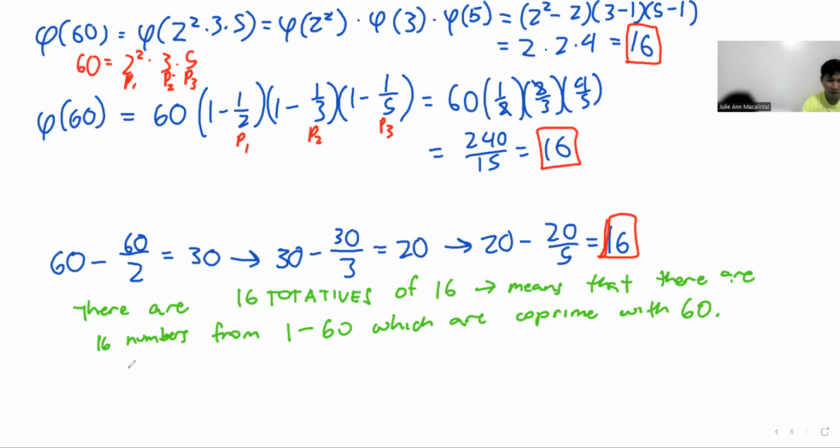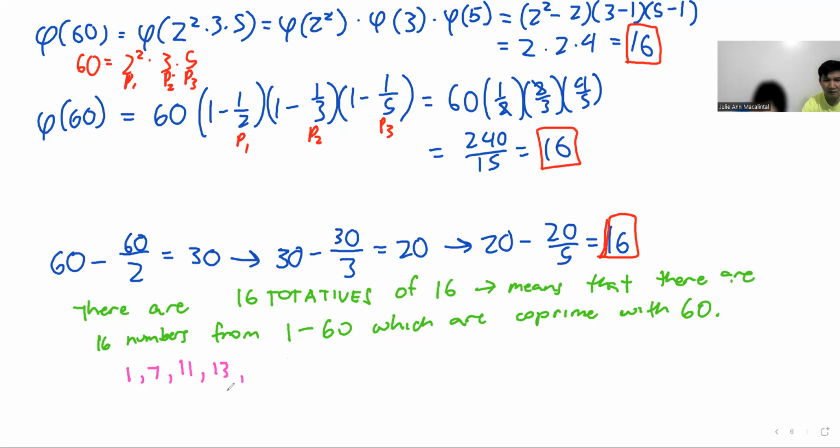So they are 1, 7, 11, 13. Those are 4 already, so I'll put a bar so it's easy.